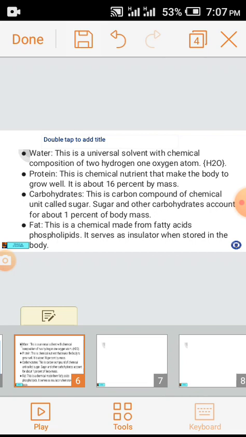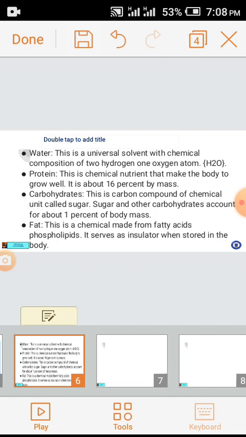Examples of food that contain this chemical are yam, potato, maize, guinea corn, and the rest of them. So carbohydrate is a carbon compound of chemical unit called sugar, and this sugar and other carbohydrates account for about 1% of body mass.